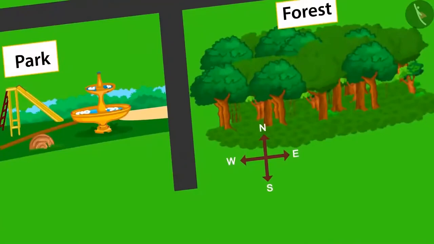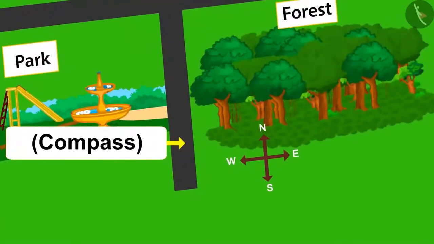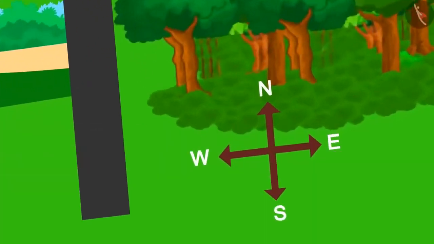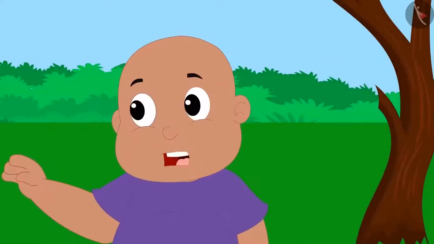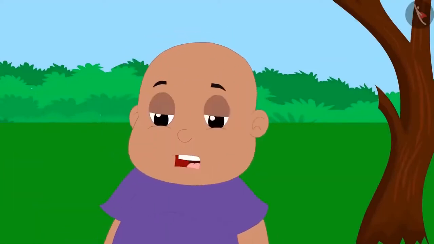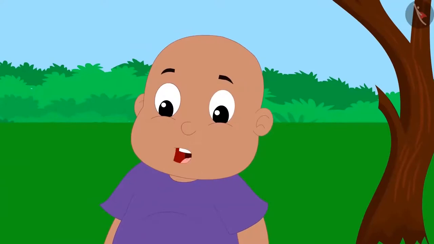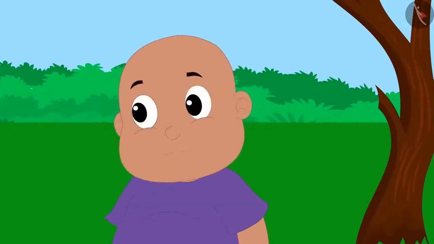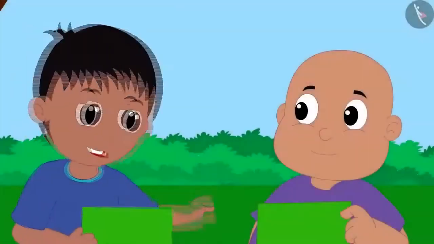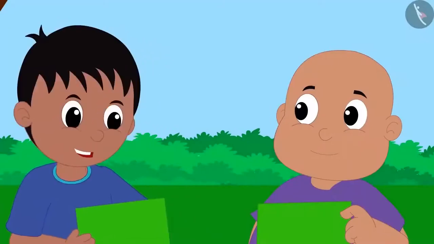A compass like this is given on every map. Saying this, Raju showed Bablu the compass drawn on his map. But how are we supposed to use this? And what directions are these, Raju? Then Raju explains it to him.